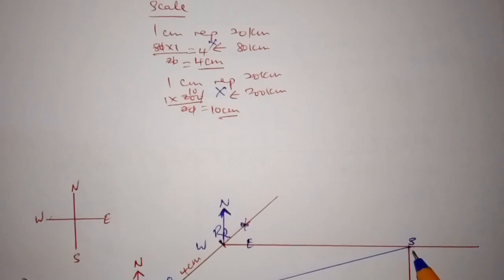Due east of R and due north of Q. So Q is here, and the north direction of Q is here.